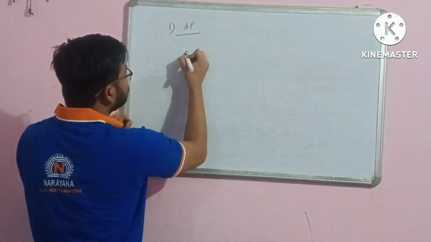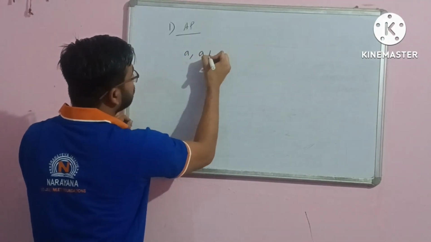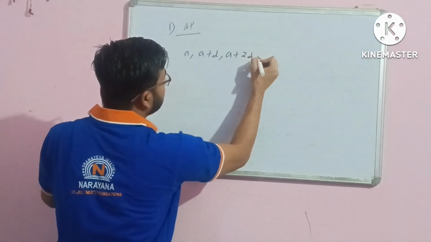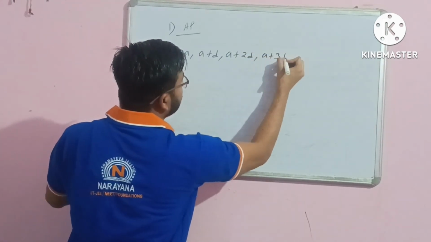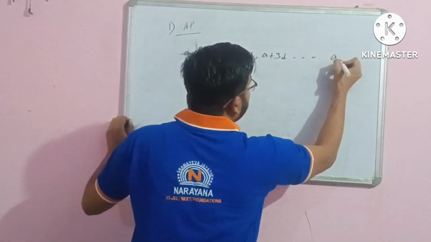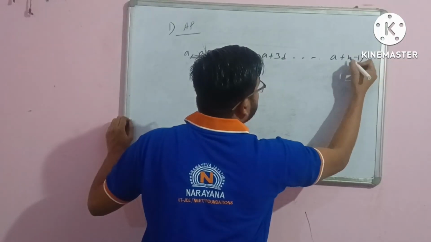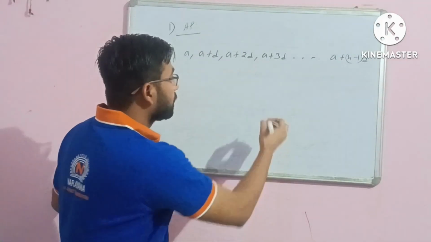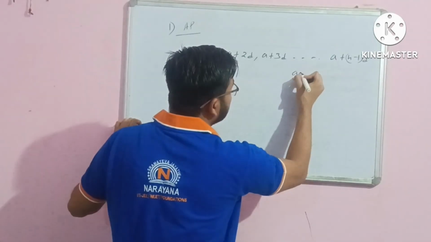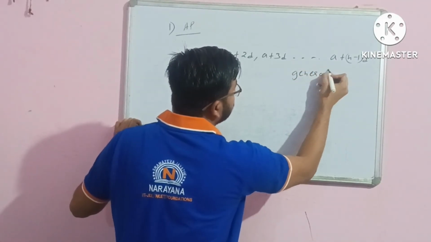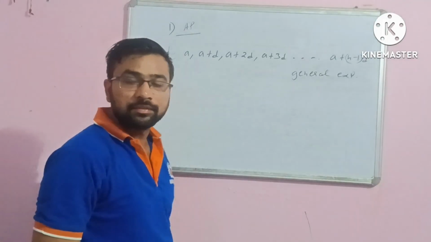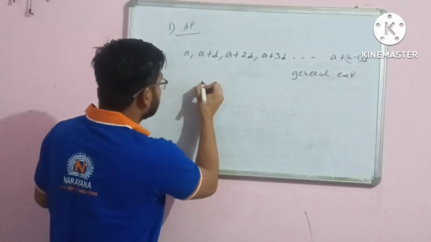Suppose this is the general expression of an AP, where A is the first term and D is the common difference.